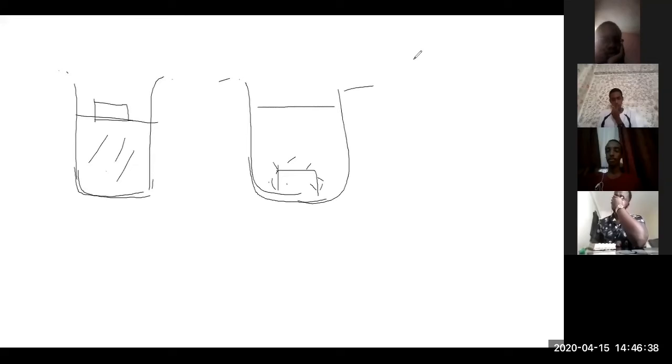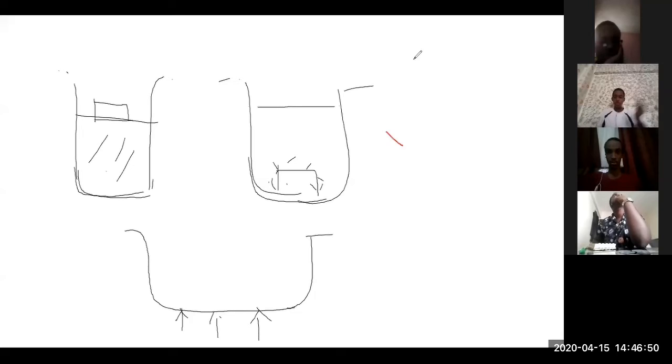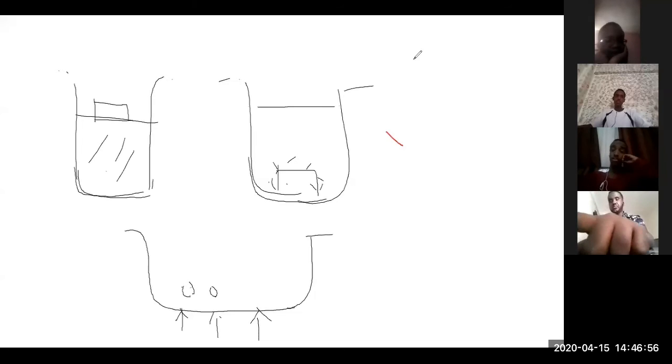Now, if you go back to the convection current, we know that if we are heating a liquid from the bottom, what usually happens is that the hot molecules expand, and if they expand, they become less dense, so they move up.